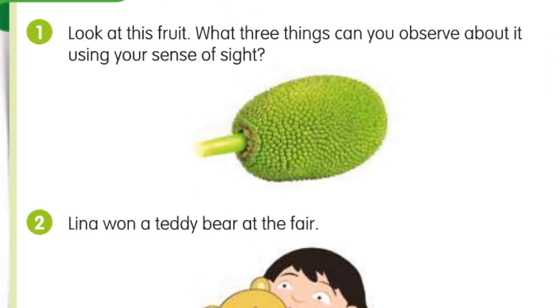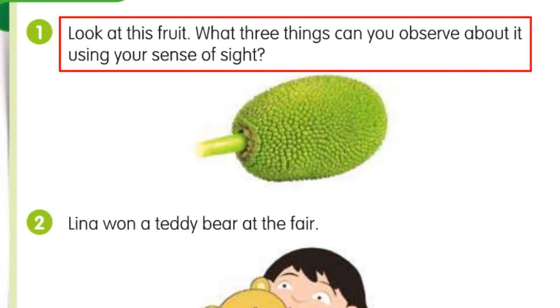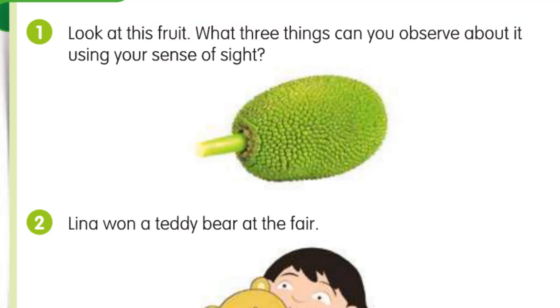Number 1, look at this fruit. What 3 things can you observe about it using your sense of sight? Jadi lihat nih, ada buah di sini. Terus sebutkan 3 hal yang bisa kamu amati dari buah ini. Tadi ada shapes, ada size, ada textures, dan ada colors.